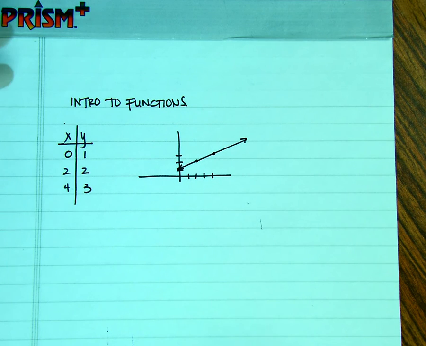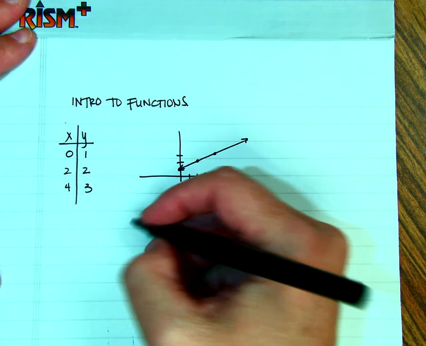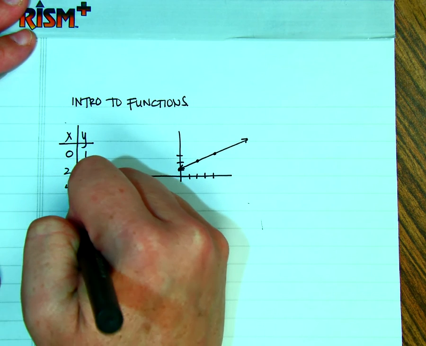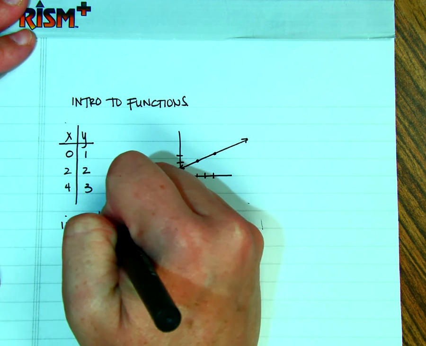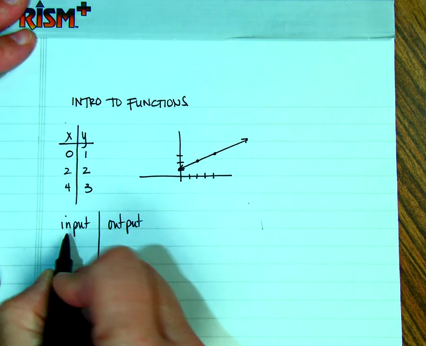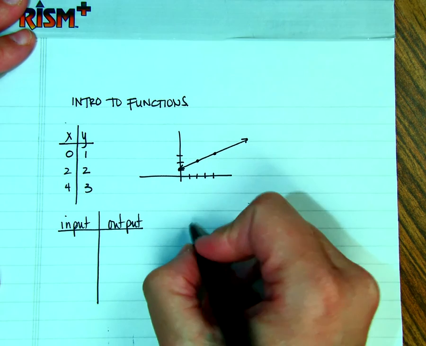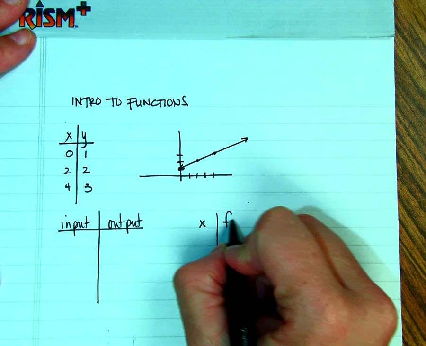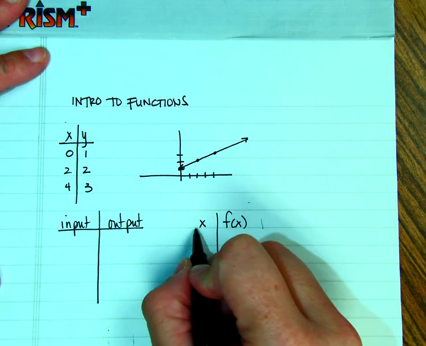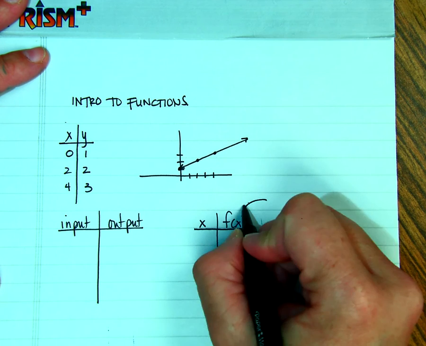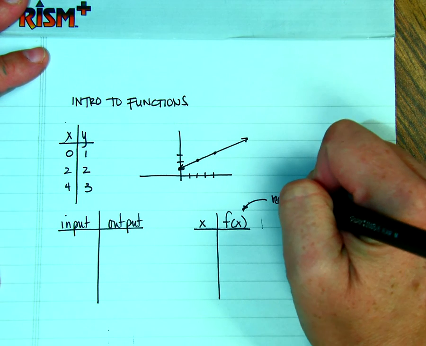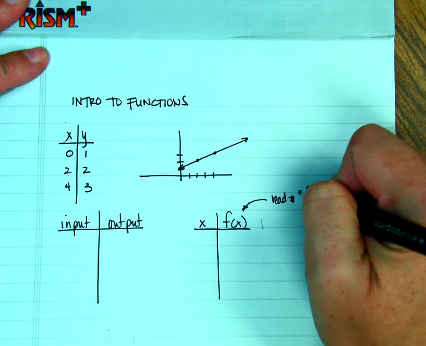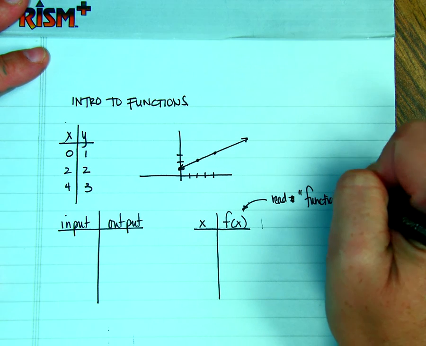Now we are stepping it up a little bit and expanding on the idea of the x and y. So now not only is it going to be called an x and y, it may be called input, output. It may be called x and what's called f of x, read as a function of x.